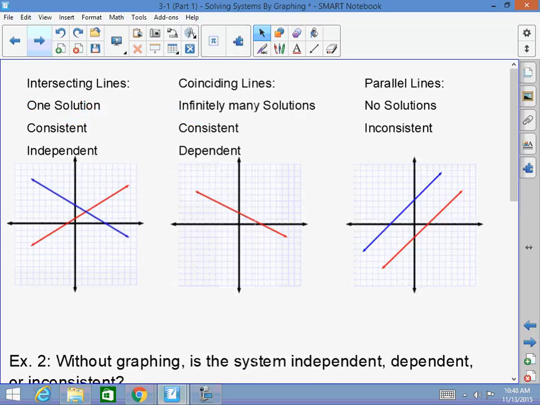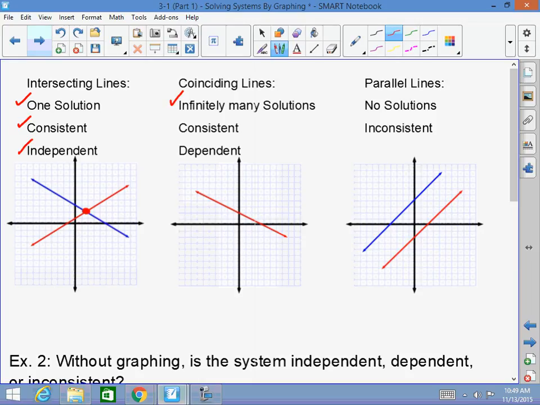Okay. So, for example, intersecting lines. Intersecting lines, guys, has one solution. It is consistent, and it's called independent because it has one solitary individual answer. Here again, the slopes will be different. If you have coinciding lines, that means lines that are the same, you have infinitely many solutions because it's the same line.